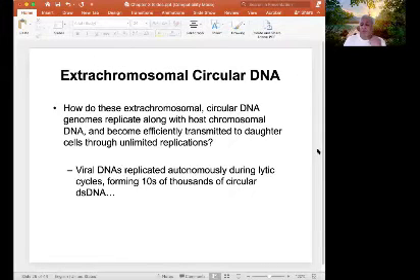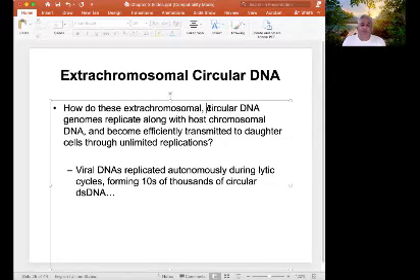It was only later on that we found out that things are not that straightforward. What this is saying is that for some species of tumor viruses, which are based on DNA, they do form circular DNA in the host cells, okay? Those are extrachromosomal.